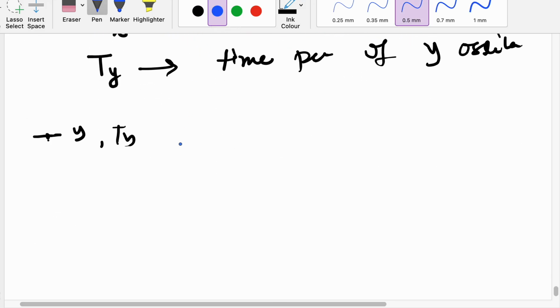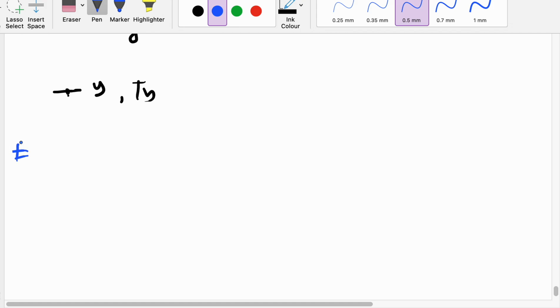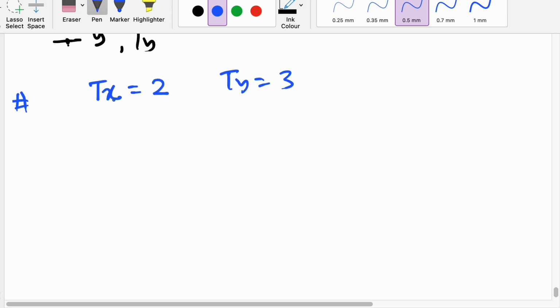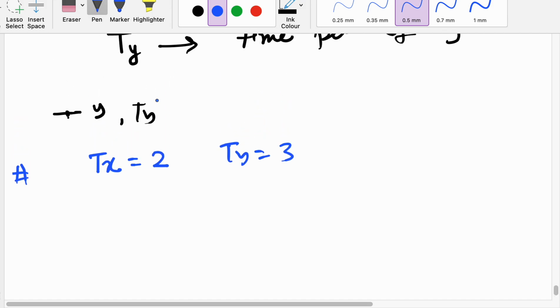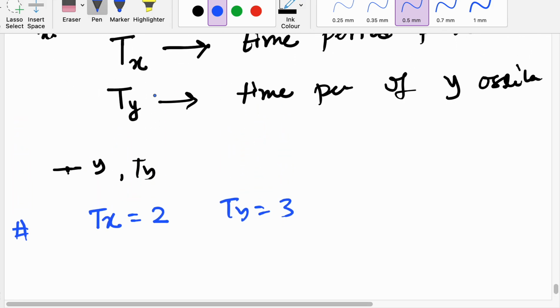Now let's see an example. Suppose tx equal to 2 and ty equal to 3. After the second iteration it came, after the third iteration it came.